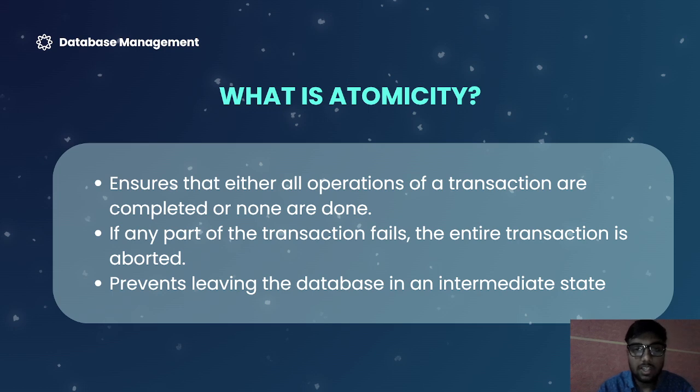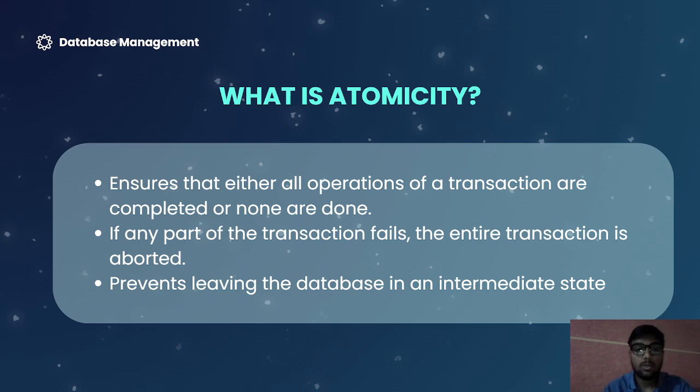You enter 500, the machine starts the transaction, but suddenly there is a power cut. Should the money be deducted? Of course not. Atomicity ensures this. Either all steps of the transaction happen or not at all. It protects your data from being left halfway. मतलब आधे अधूरे काम को ये प्रिवेंट करता है.